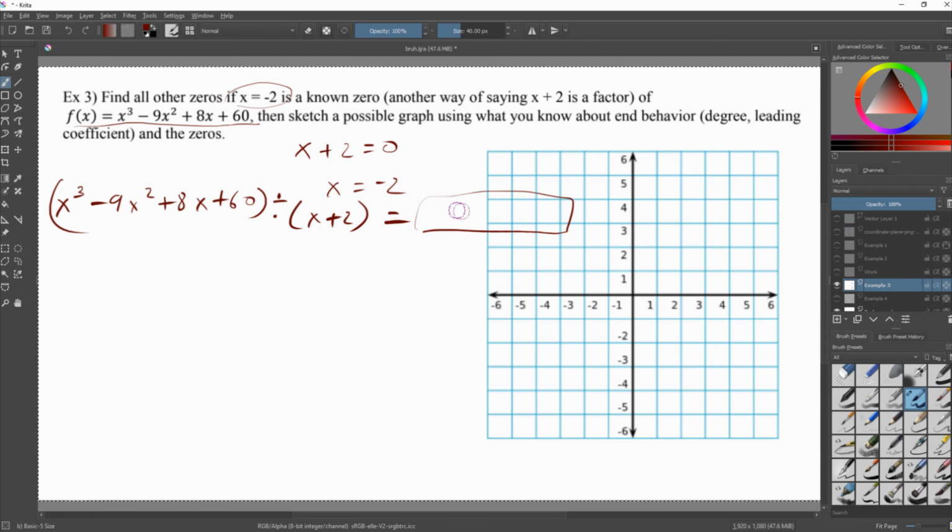And basically from this, you can find the other zeros, because when you have factors that are multiplied together, like x plus 2, x plus 3, x plus 4 equal to 0, that means that x can be equal to negative 2, x can be negative 3, and x can be negative 4, and those are your zeros on your function. So you have to find out what multiplies to this, gives you the original function. Basically, just divide it. Okay.